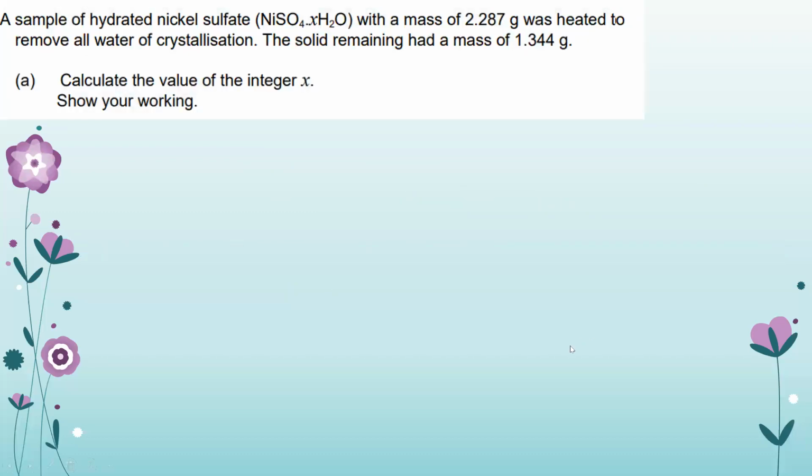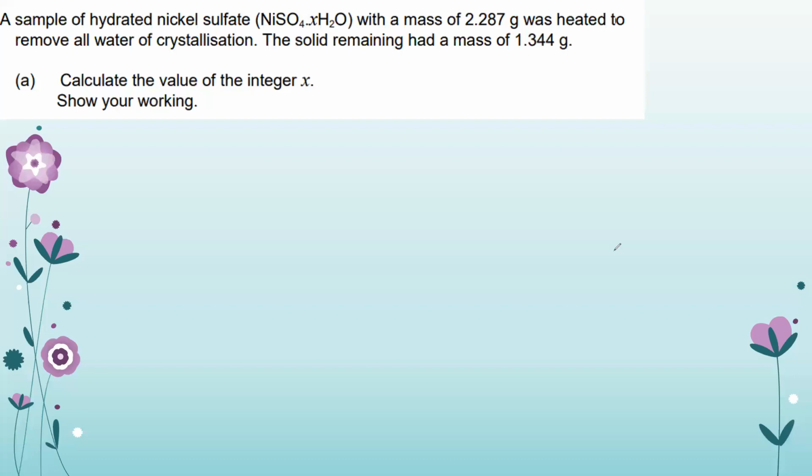This says a sample of hydrated nickel sulfate, with the mass given here, was heated to remove all the water of crystallization. The solid remaining had a mass of this much. Calculate the value of x. So we will start with how much crystal we took.